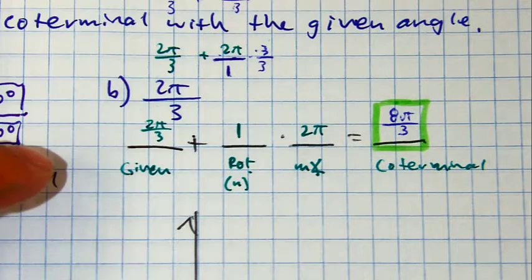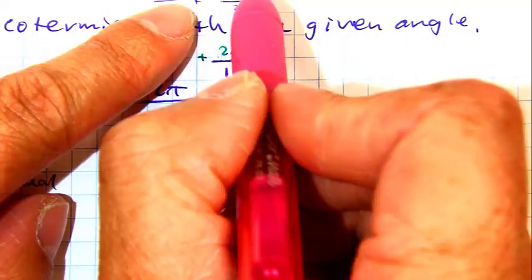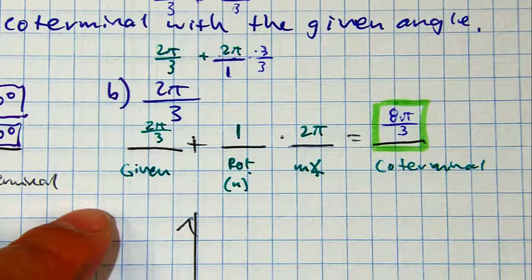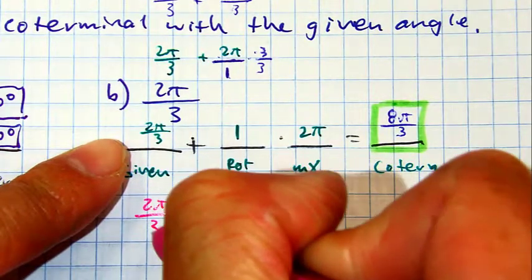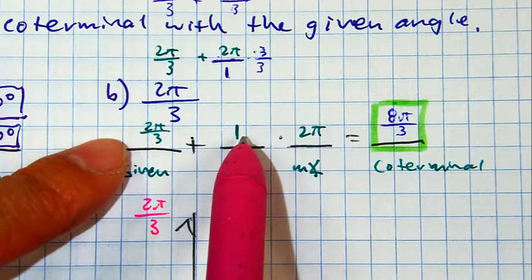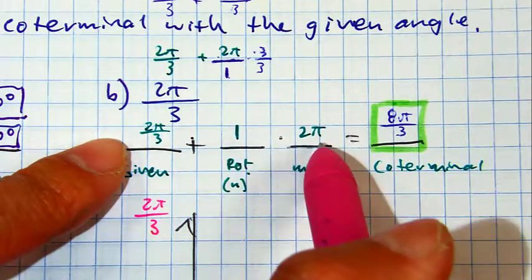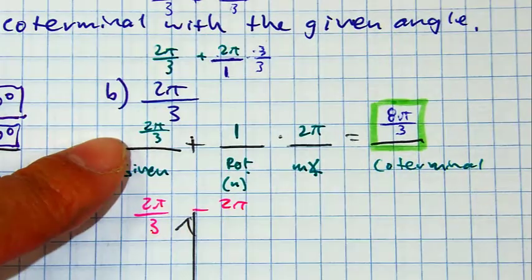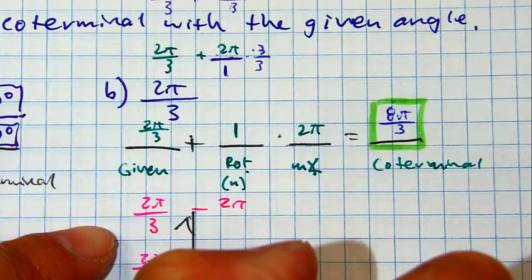Now, let's try a problem where it is a negative coterminal angle. So, I'm going to start off with 2 pi over 3. And instead of doing positive 1, what do you think I'm going to do? Negative 1. Okay, negative 1 times 2 pi is minus 2 pi. And we already did the equivalent fraction above.